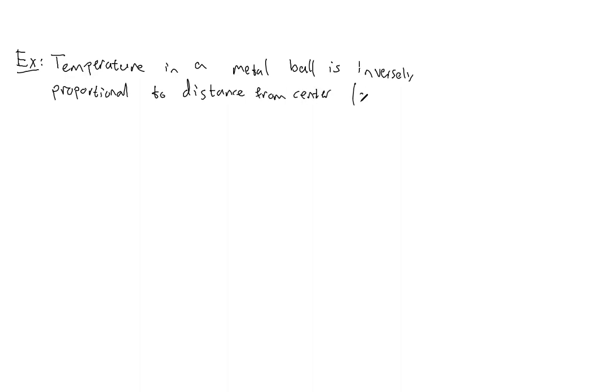Let's suppose that the center is the origin 0, 0, 0. And we're also told that the temperature at the point 1, 2, 2 is 120 degrees Celsius. So there are two questions here.